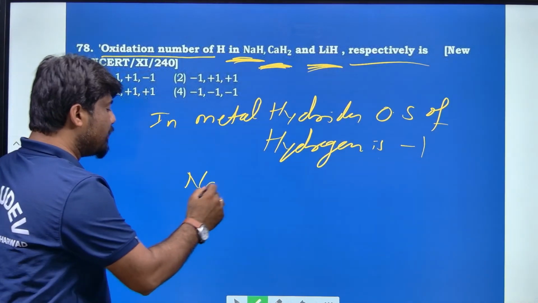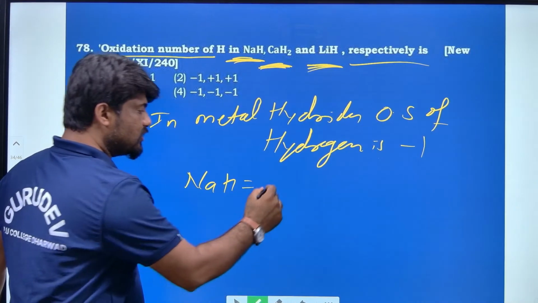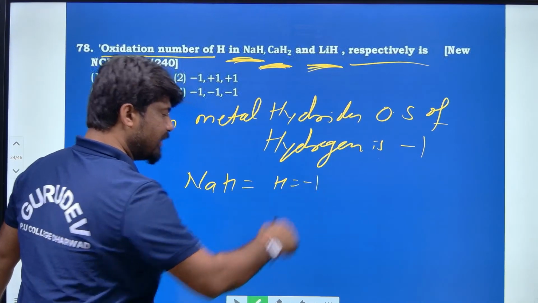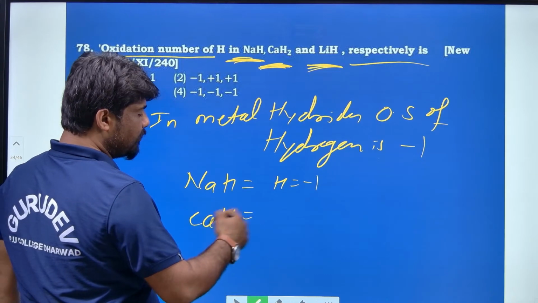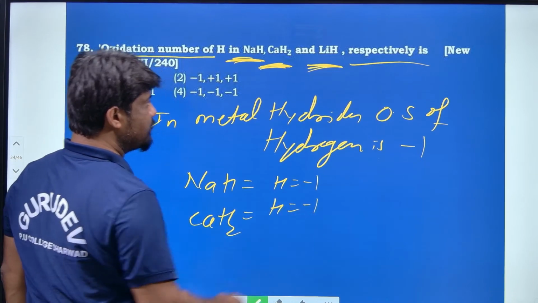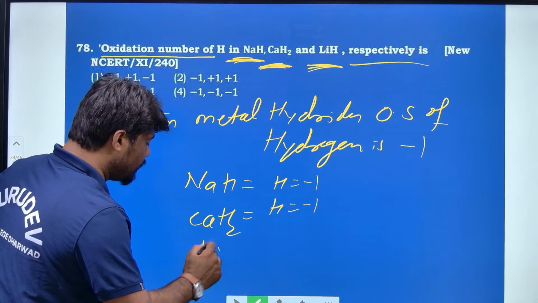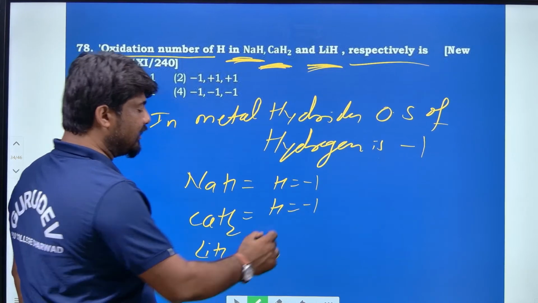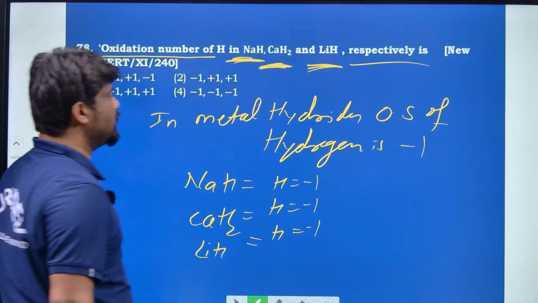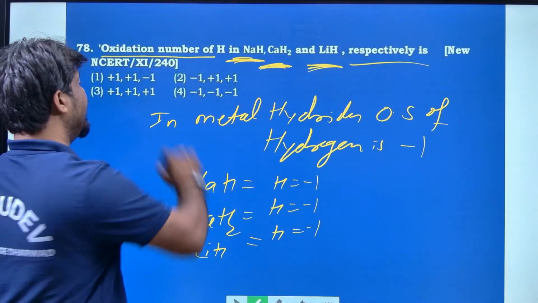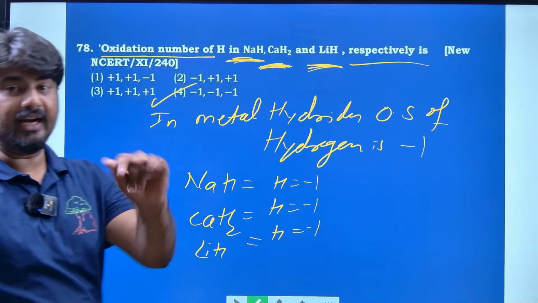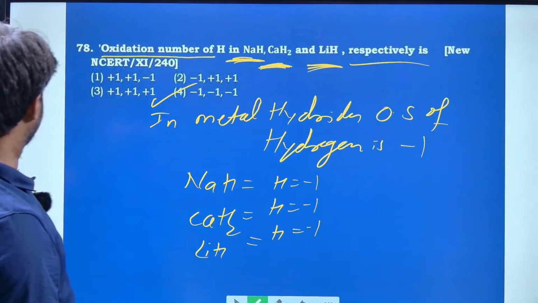Here sodium hydride is a metal hydride, so hydrogen oxidation state is -1. Calcium hydride is also a metal hydride, here hydrogen oxidation state is -1. Even lithium hydride is also a metallic hydride, here also hydrogen oxidation state is -1. So in all cases the oxidation state of hydrogen is -1, and option 4 is the right answer for the question. Well dear, go to the next.